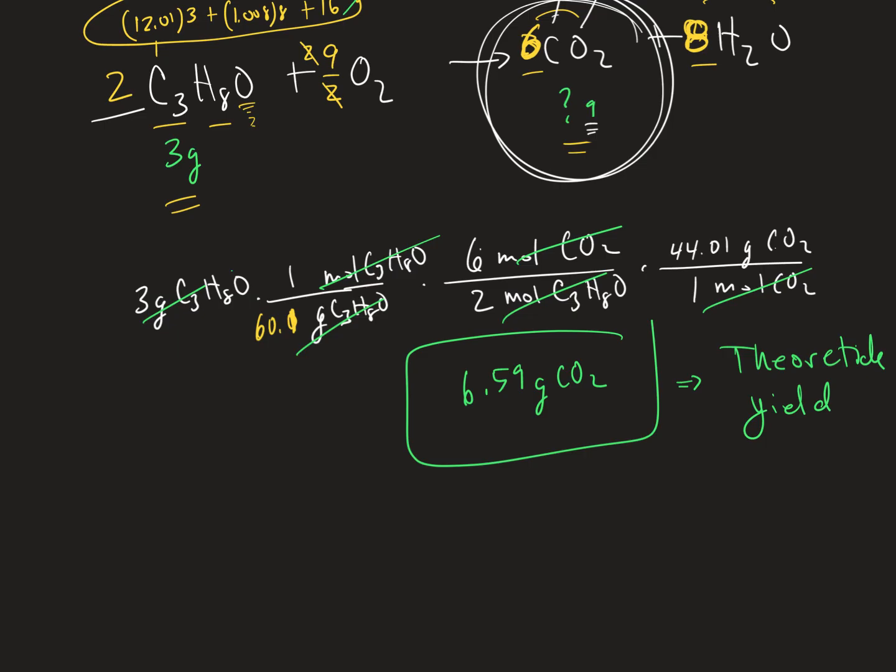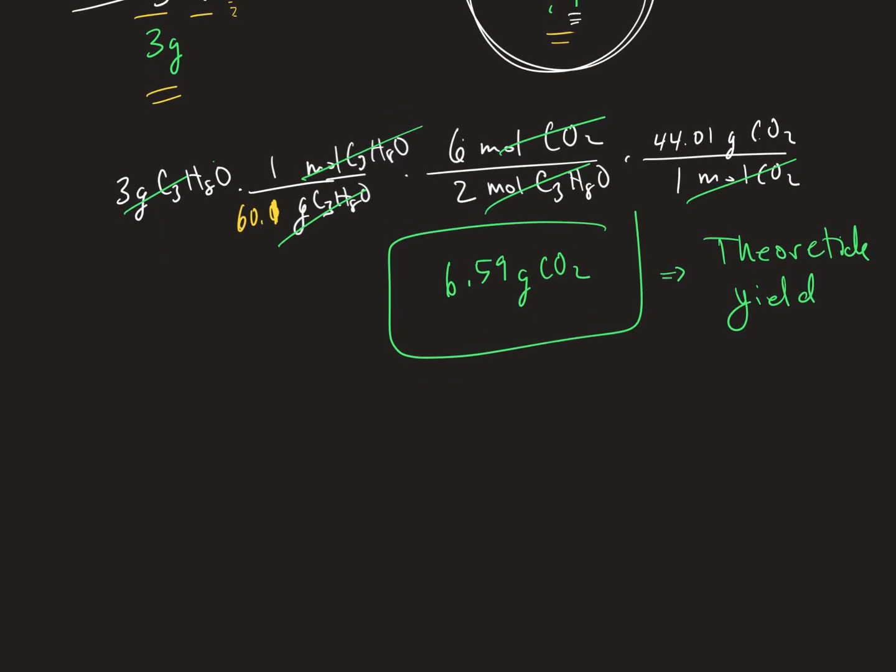Well, I shouldn't say never. Most of the time it doesn't. Are we good? Okay, now we go to the lab and we do this. Good luck on calculating this, because that'd be hard to measure in the lab.